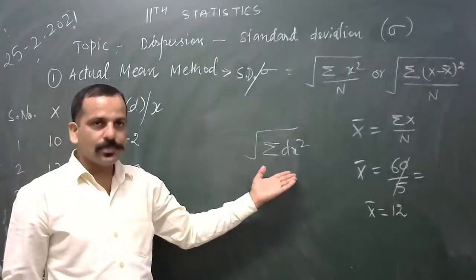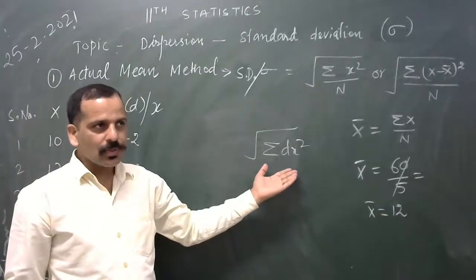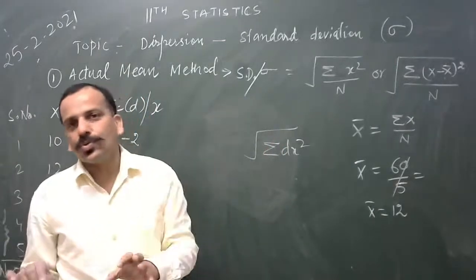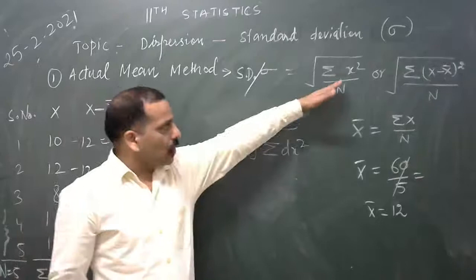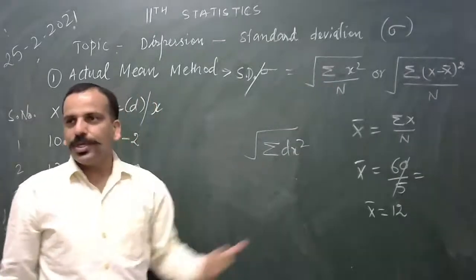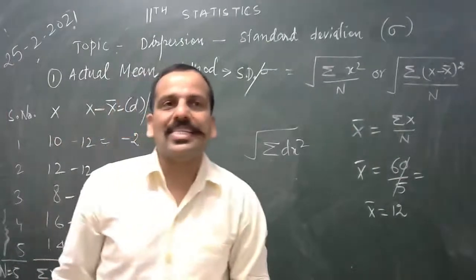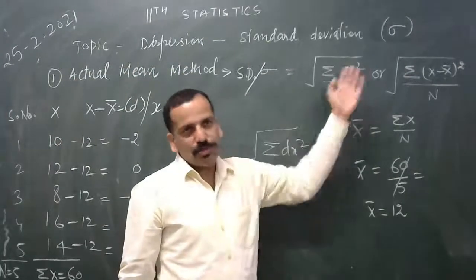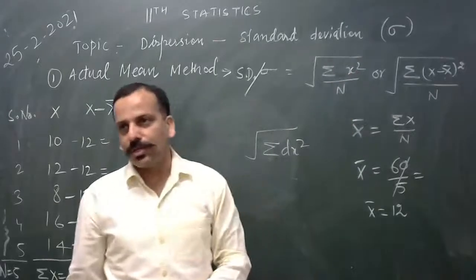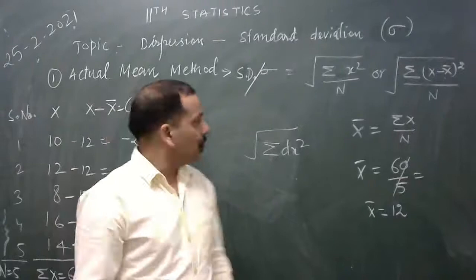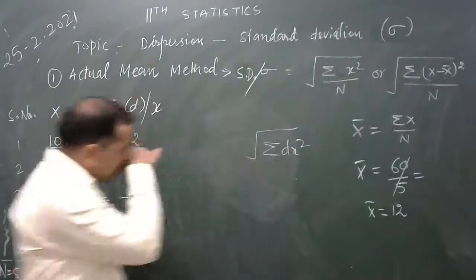The difference is clear, so do not get confused. In one book we have x square, in another we have only dx square. D stands for deviation. If you are not writing d, x square means the square of the deviation.